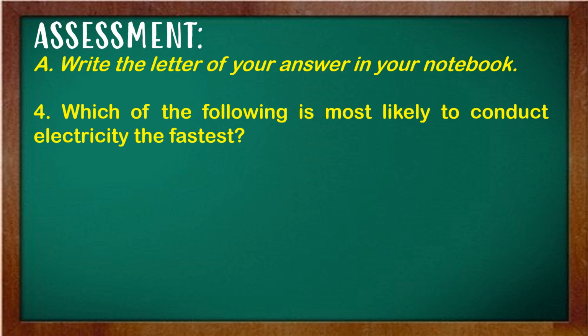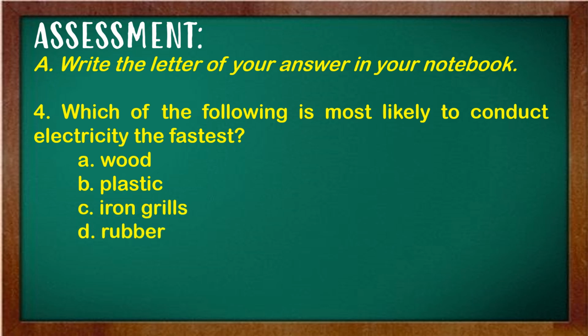Number 4 question is, which of the following is most likely to conduct electricity the fastest? Letter A, wood. Letter B, plastic. Letter C, iron grills. And letter D, rubber.